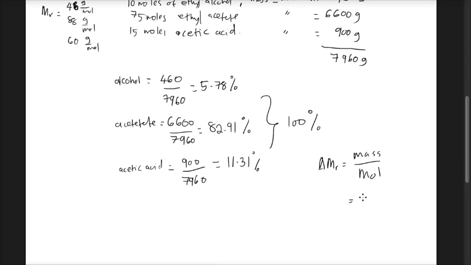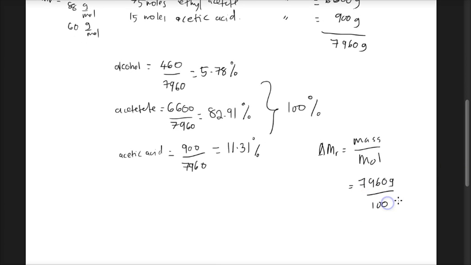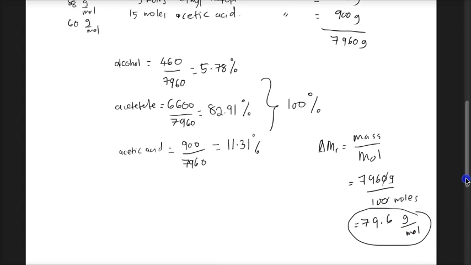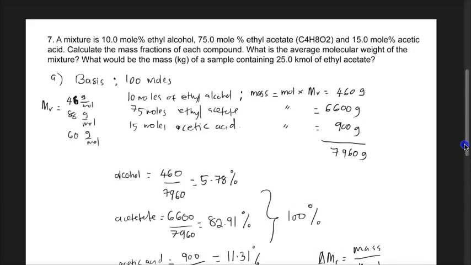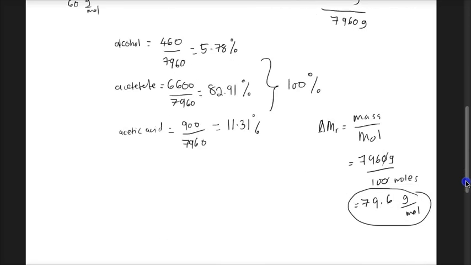So average molecular weight comes out as 7,960 grams divided by 100 moles. So you get 79.6 grams per mole. Alright, so this is the average molecular weight of the mixture.